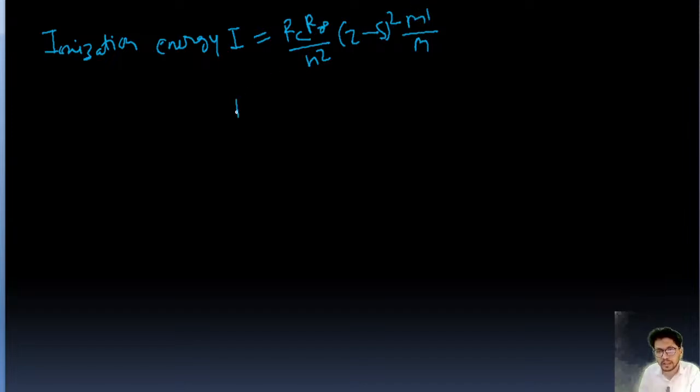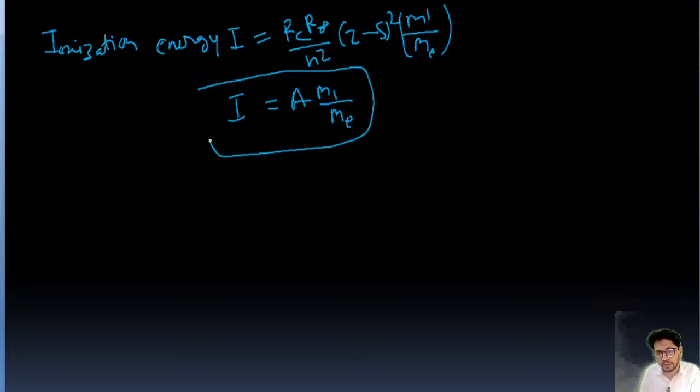Or you can write I equal to A into M dash upon Me, where Me is the mass of electron. Note down this one, this formula is going to help you in solving the question.